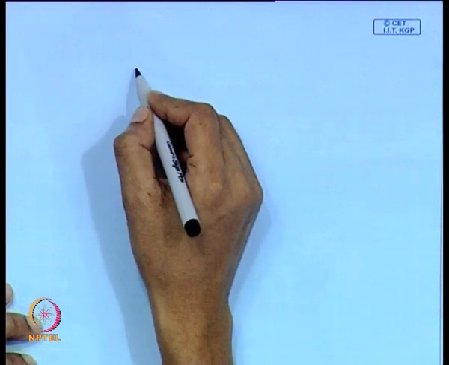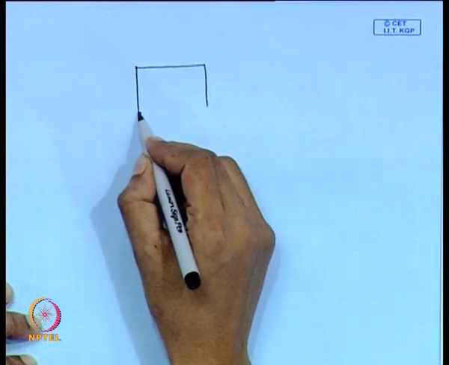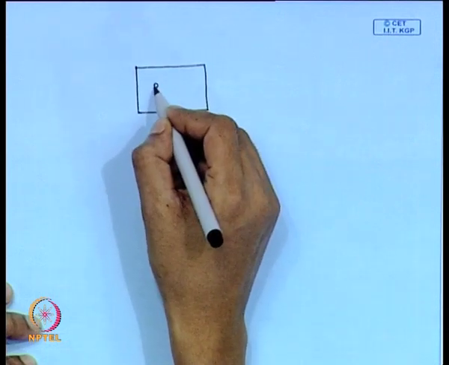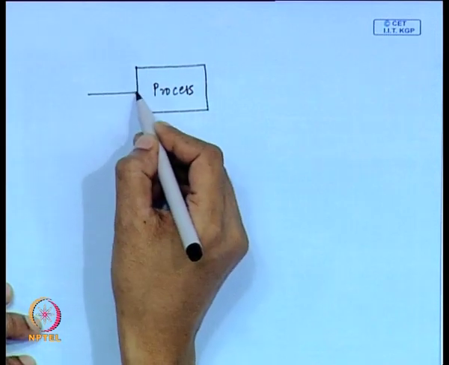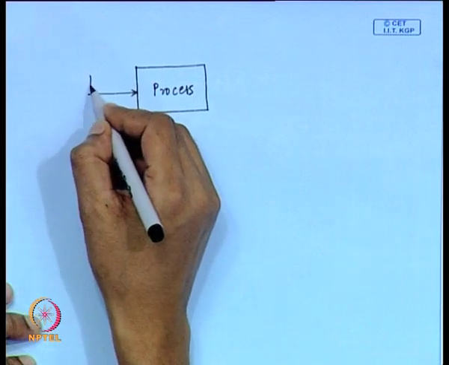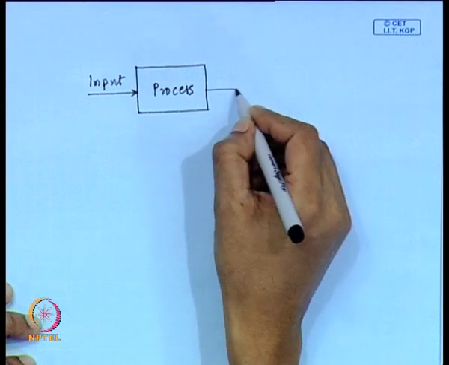Next we will discuss the different forcing functions. Forcing functions are usually the input variables. Suppose we have a chemical process, this is the input to the process and this is the output.